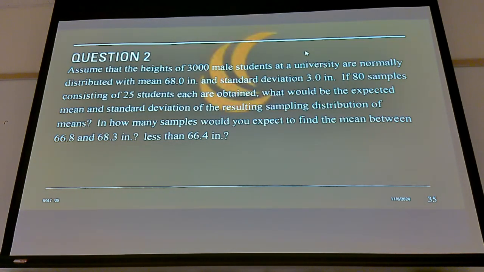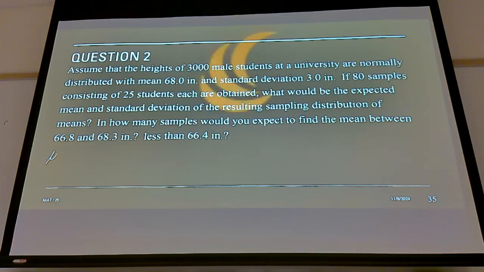First, start with the mean. How many samples? Actually, it's just a sample size, right?